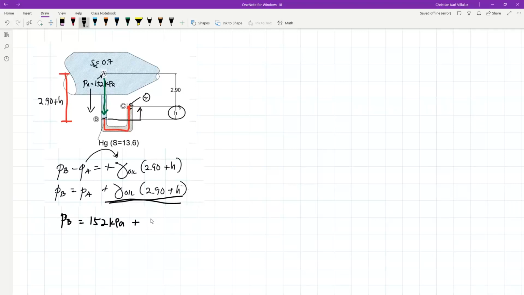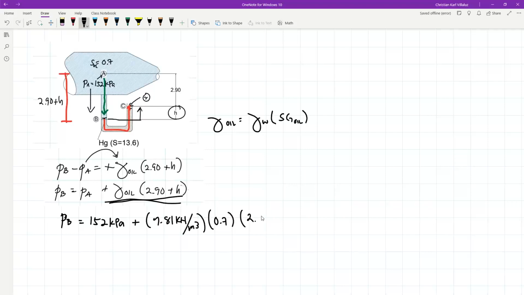Unit weight of oil can be determined. Given that we have a specific gravity of oil of 0.7, we can determine the unit weight of oil as the product of the unit weight of water at standard temperature multiplied by the specific gravity of oil. So substituting that here, we have 9.81 as the unit weight of water at standard temperature multiplied by the specific gravity 0.7 right here.